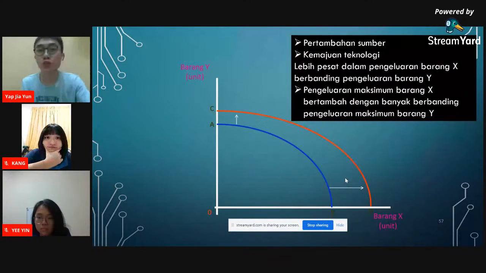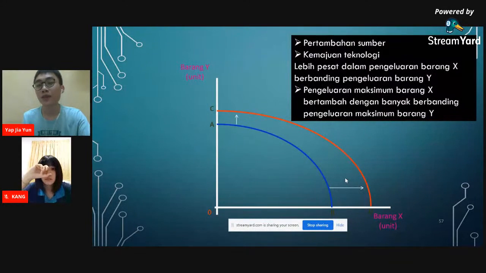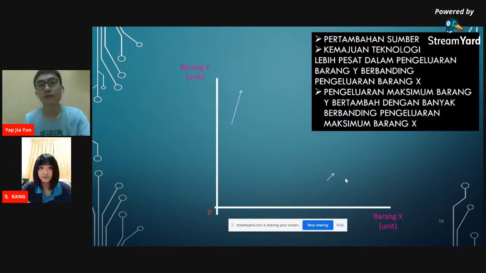Ini adalah pertambahan sumber dan kemajuan teknologi yang lebih pesat dalam pengeluaran barang X berbanding pengeluaran barang Y. Disebabkan pengeluaran maksimum barang X bertambah dengan banyak berbanding pengeluaran maksimum barang Y. Kita boleh lihat jarak B ke D adalah lebih besar berbanding C ke A.